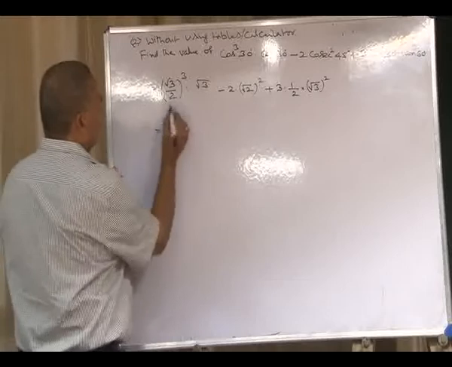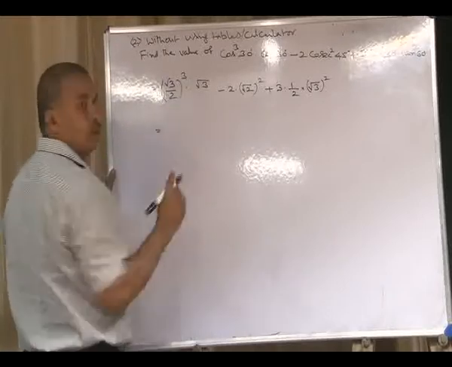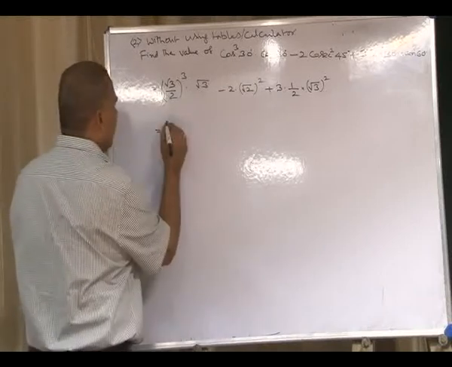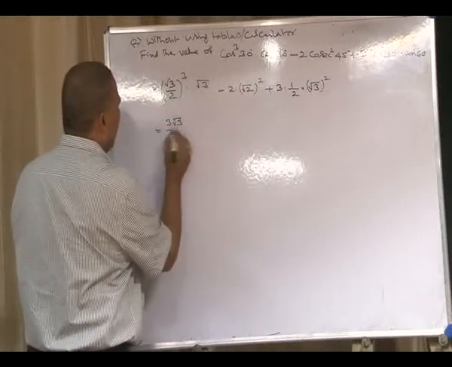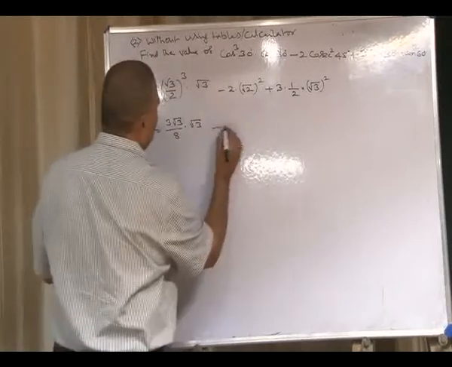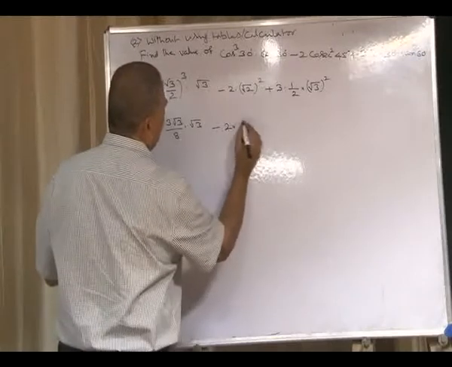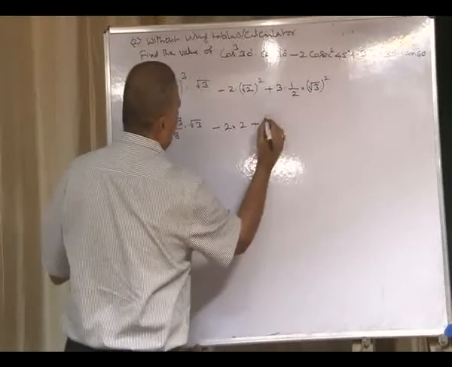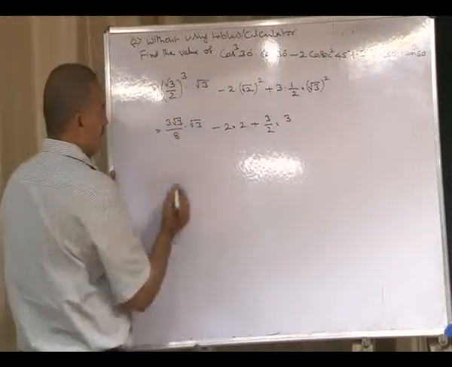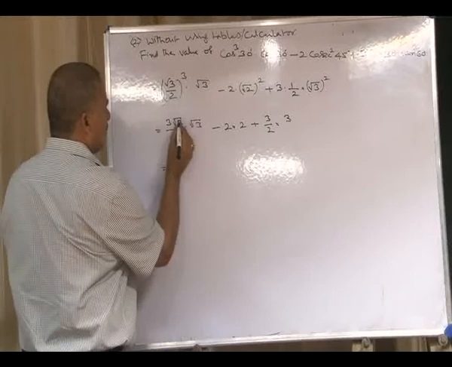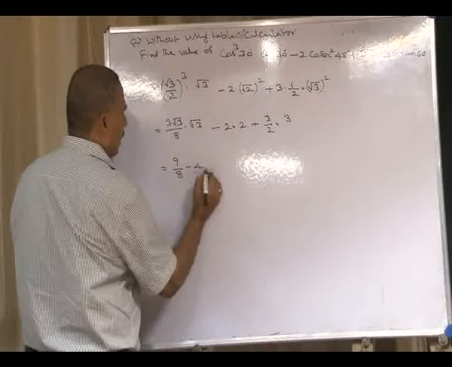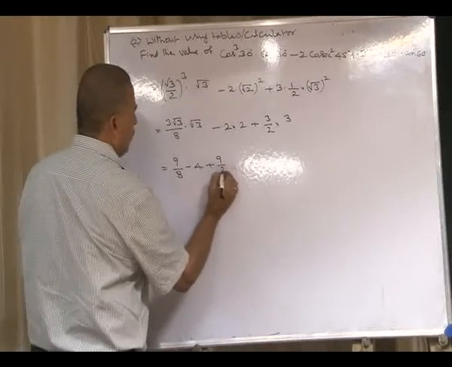That is equal to root 3 by 2 the whole cube, which is root 3 by 2 into root 3 by 2 into root 3 by 2, that is 3 root 3 by 8, into root 3, minus 2 into root 2 square is 2, plus 3 into 1 is 3 by 2 into root 3 square is 3. That is equal to root 3 into root 3 is 3, into 3 is 9 by 8 minus 4 plus 9 by 2.